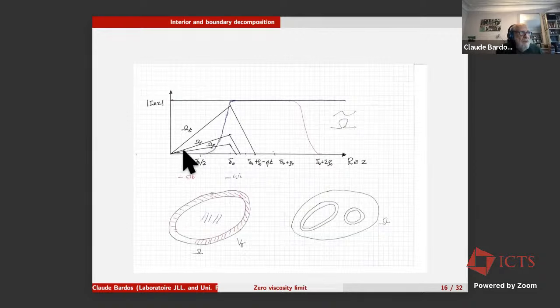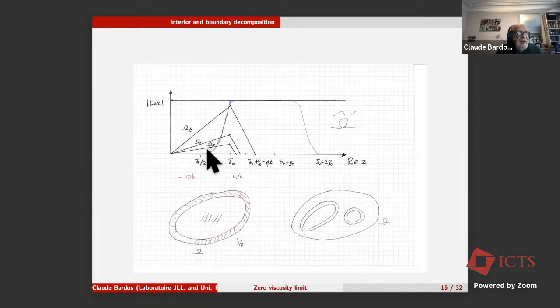I have first the function that localizes away from the boundary, which is phi_I. If I multiply by phi_I, I have a function for omega which goes like that, which means it doesn't touch the boundary.